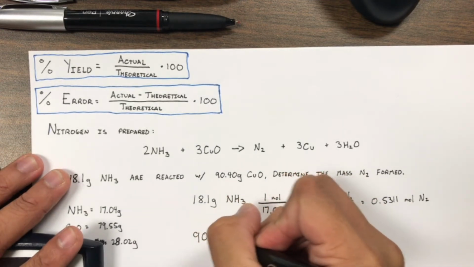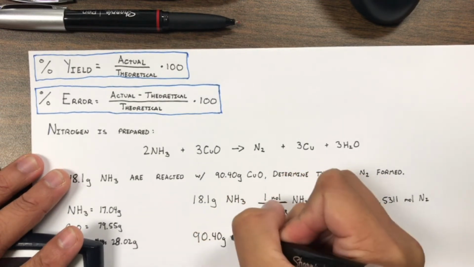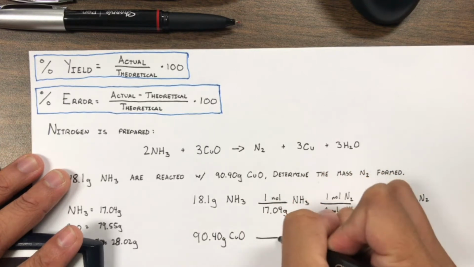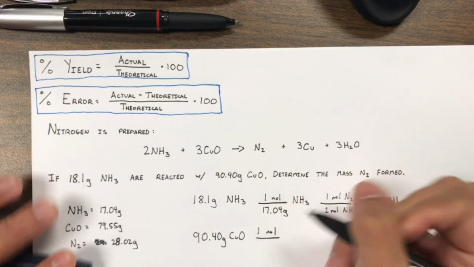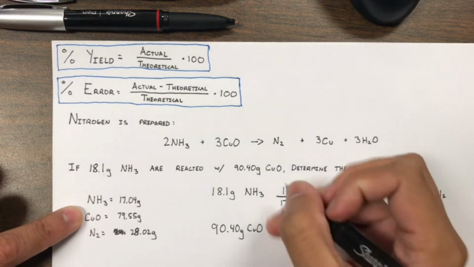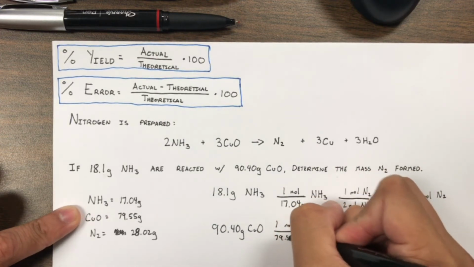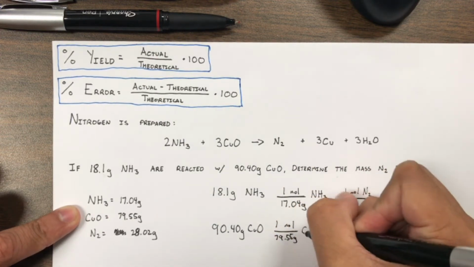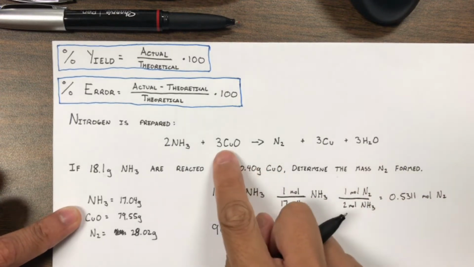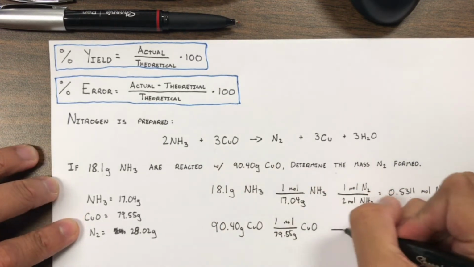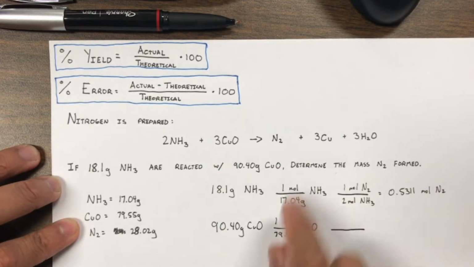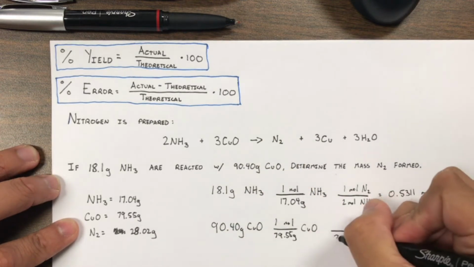Let's take a look at this one. So we have 90.40 grams of copper oxide. Same thing, for every 1 mole of copper oxide we have 79.55 grams. And then we need to use the mole ratio to go from moles of copper oxide to moles of nitrogen.